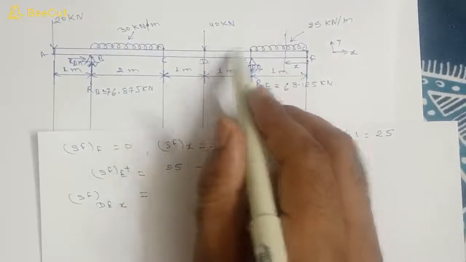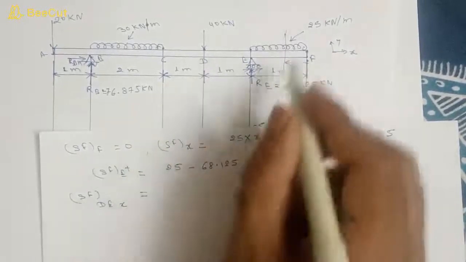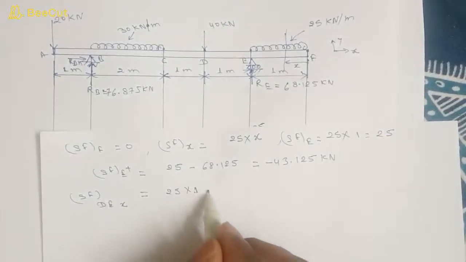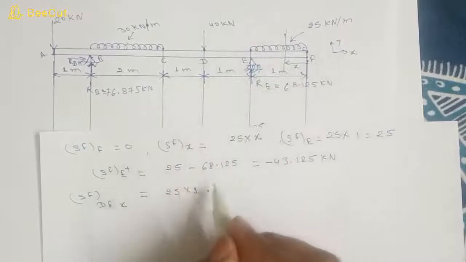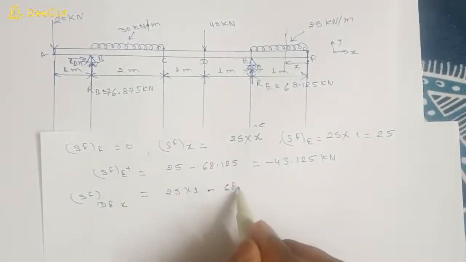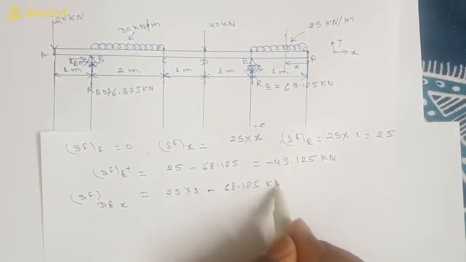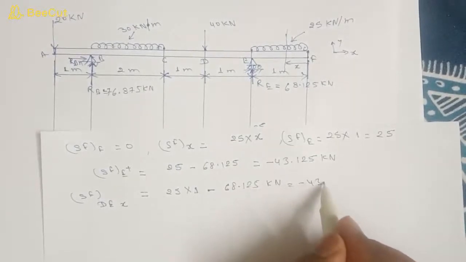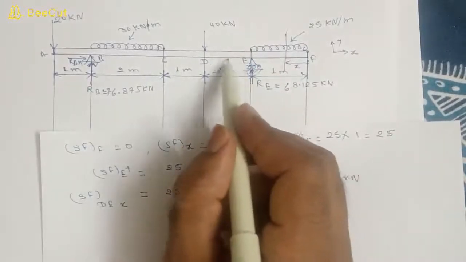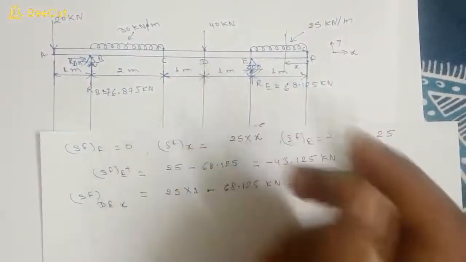Suppose this is a section, so right hand side all the forces. So this total load is 25 kilonewton per meter into 1 meter, minus 68.125 kilonewton. So it is constant, 43.125 kilonewton. There is no other force, so this will be constant up to here, up to D.